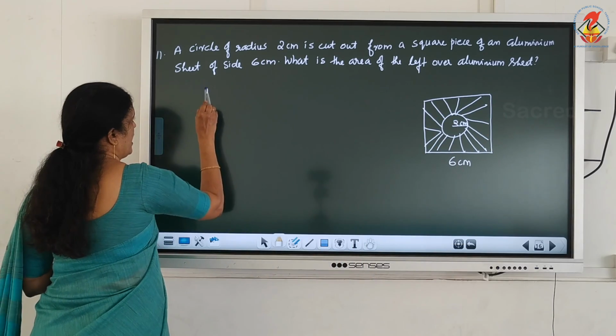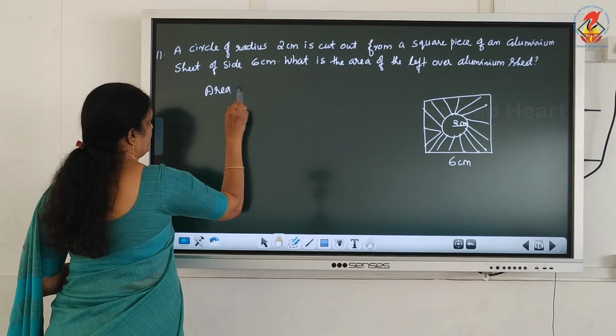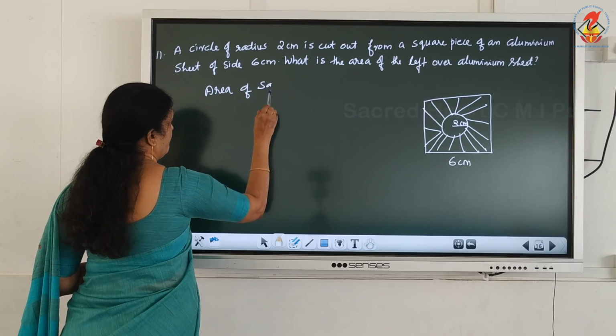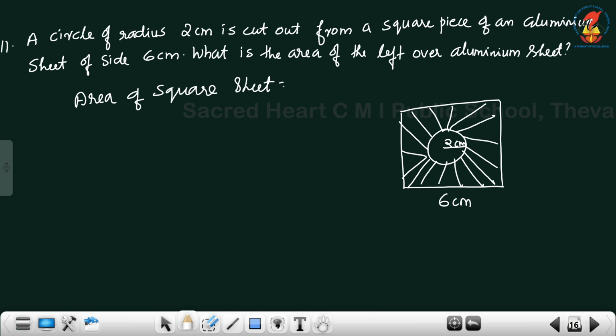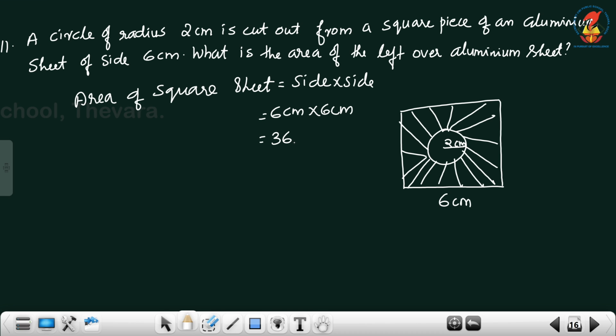First, write area of square sheet equal to side into side, equal to 6 centimeter into 6 centimeter equal to 36 centimeter square.